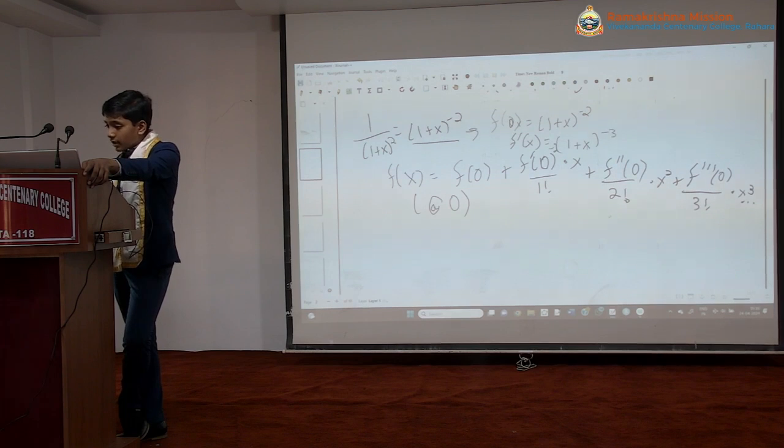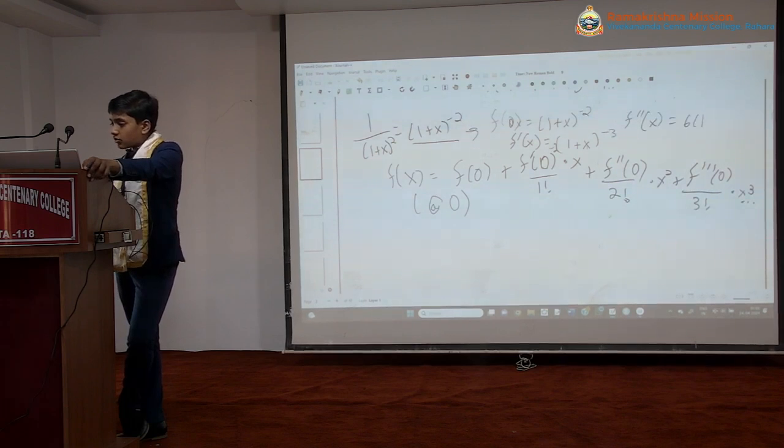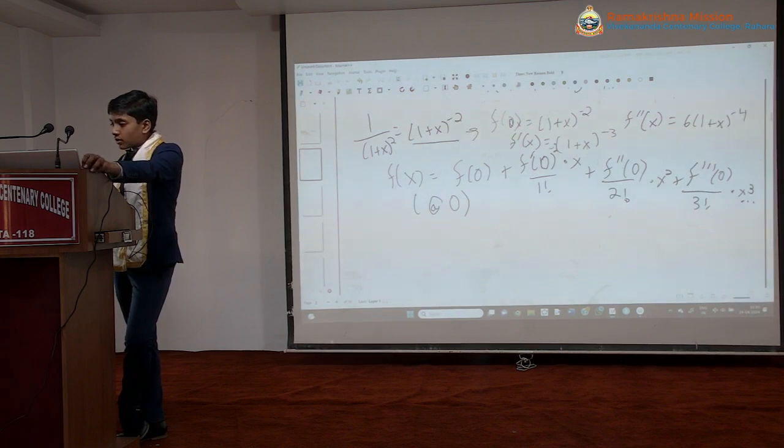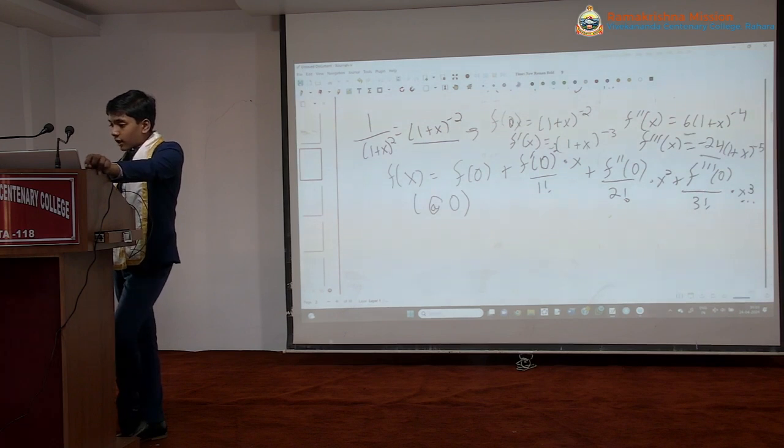And then f double prime is 6 (1 plus x) to the minus 4. f triple prime is minus 24 (1 plus x) to the minus 5. And as you can see, it continues kind of like a factorial, but alternating signs.